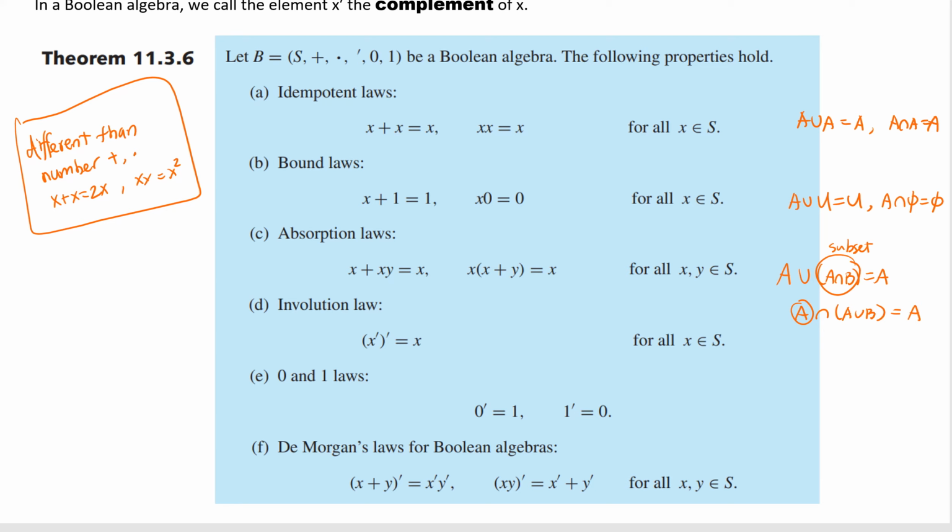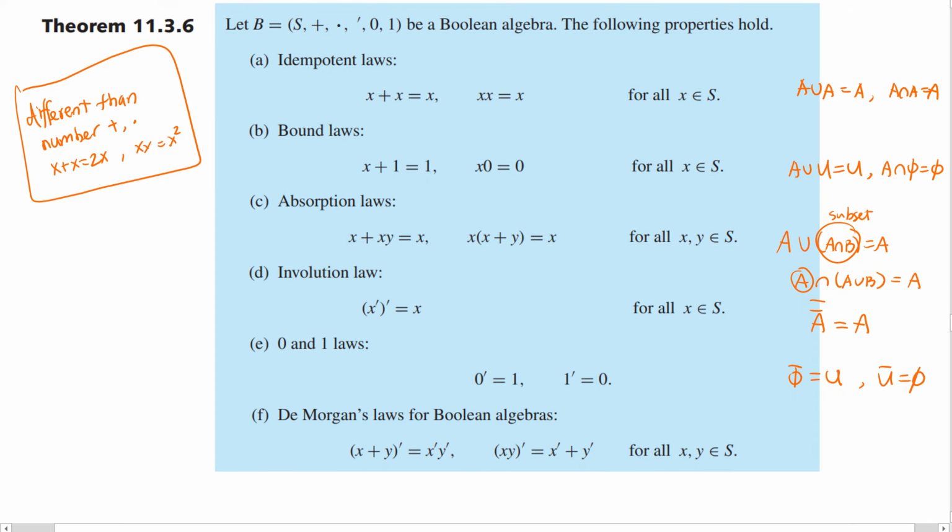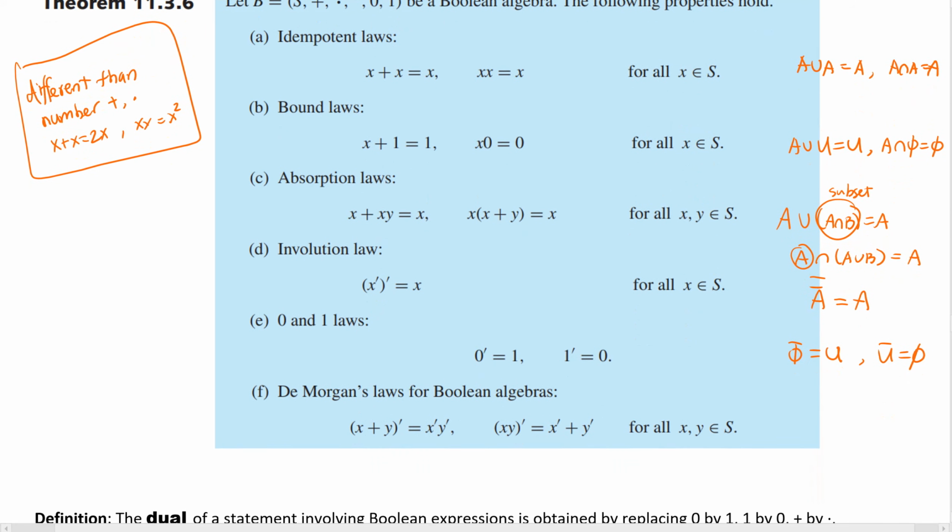And then we have the involution law. X prime prime is x, so the complement of the complement of A is A. The 0, 1 law: the empty set's complement is the universal set, and the universal set's complement is the empty set. And then De Morgan's law for Boolean algebra, which we have seen before.